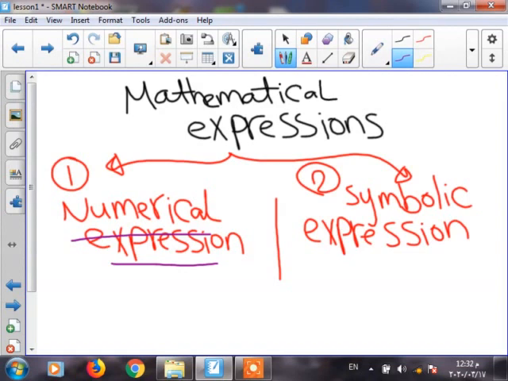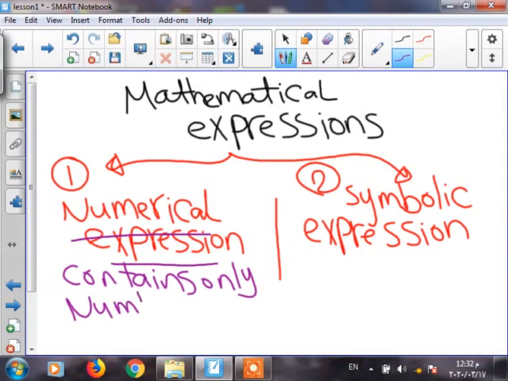What is the meaning of numerical expression? It contains only numbers and operation.